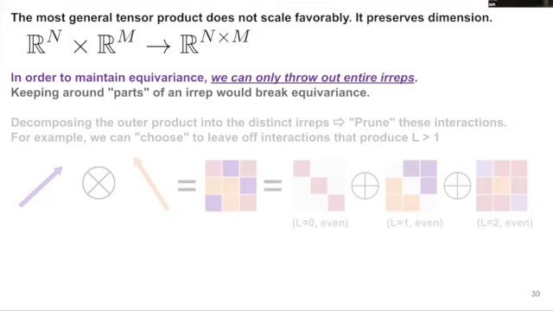In order to maintain equivariance, I can only basically leave off dimensions that transform within themselves. I can only cleave off these irreps. Otherwise, I'm going to have some feature that rotates into a dimensional vector space that I cut out, and it won't be equivariant anymore. So in order to maintain equivariance, we throw out entire irreps.